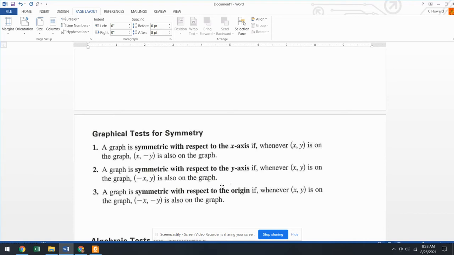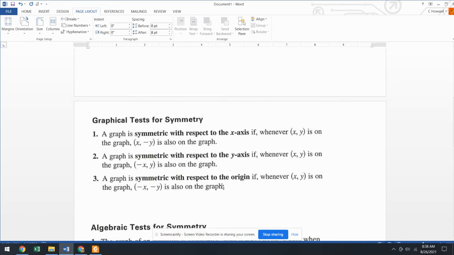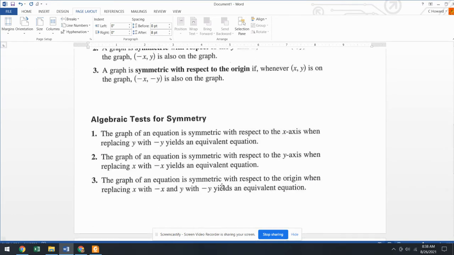So they're saying that you get these graphs to impose upon themselves. Test number 2 is symmetry about the y-axis. And this time they're saying that when you graph (x, y), it would be the same graph as if you put in (negative x, y). And number 3, symmetry about the origin: you would replace the x with the opposite of x and the y with the opposite of y.